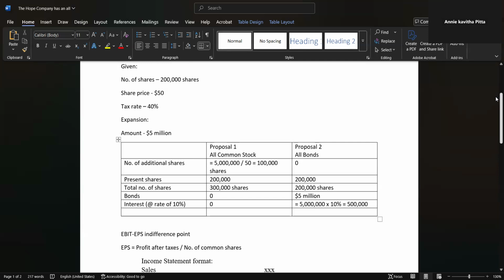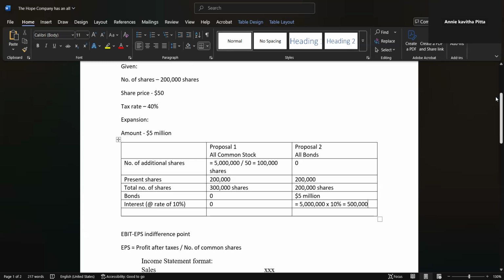At some level of EBIT, whether it is under proposal one or proposal two, it will ultimately give the same amount of EPS. For some level of EBIT, EPS would be the same.